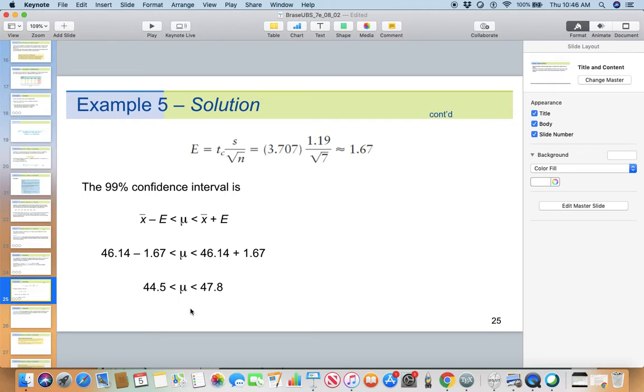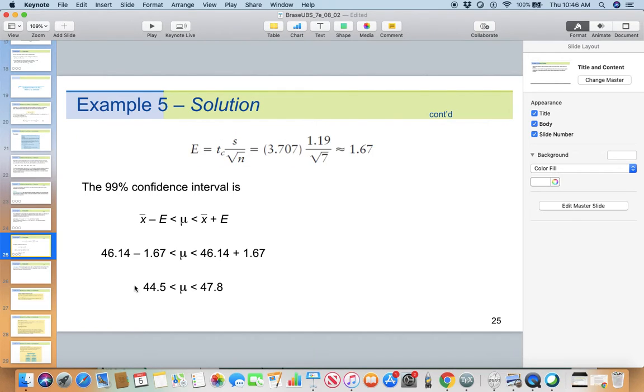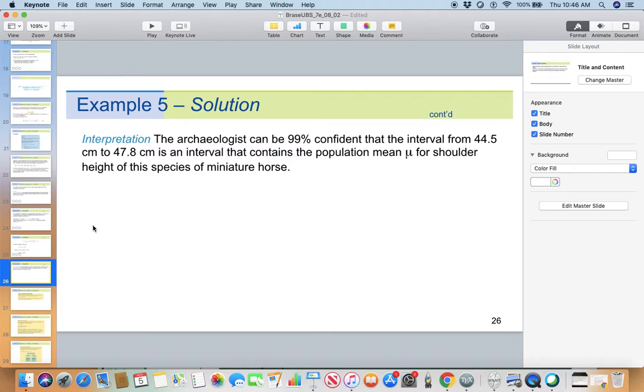Okay. How do we interpret this result? We interpret this by saying the archaeologist can be 99% confident that the interval from 44.5 centimeters to 47.8 centimeters, those are these two numbers, is an interval that contains the population mean mu for the shoulder height of this species of miniature horse.